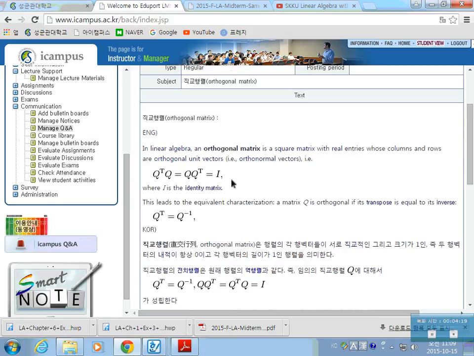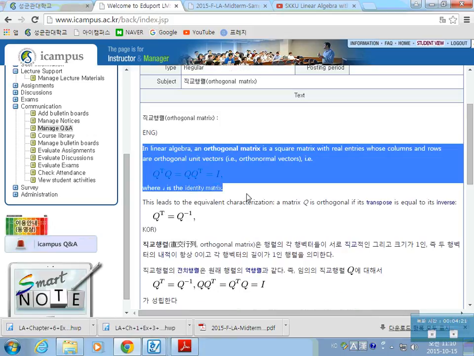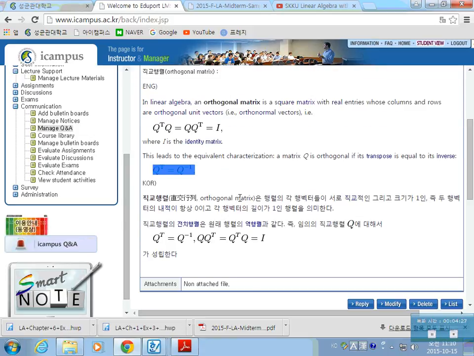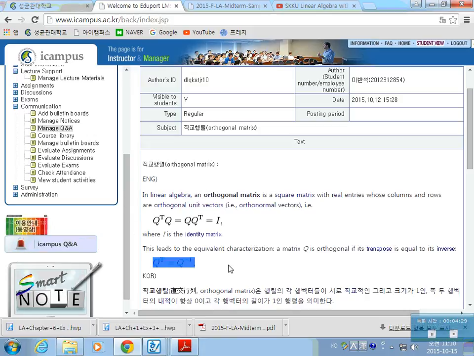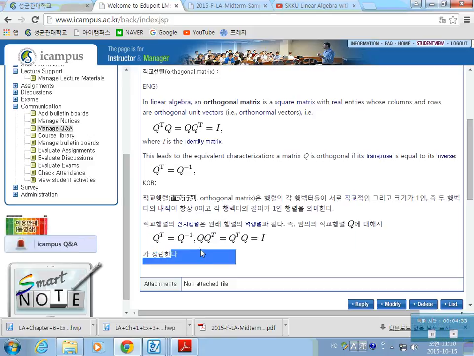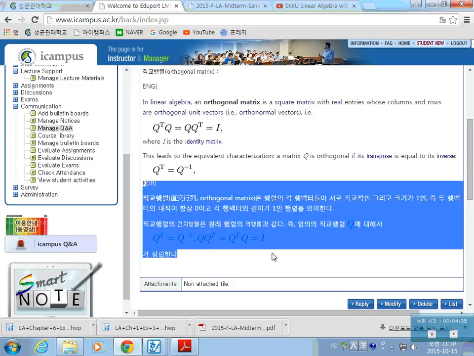An orthogonal matrix is an n by n matrix whose inverse is its transpose. And he wrote the concept in English, and in addition to the concept, the definition in Korean as well.